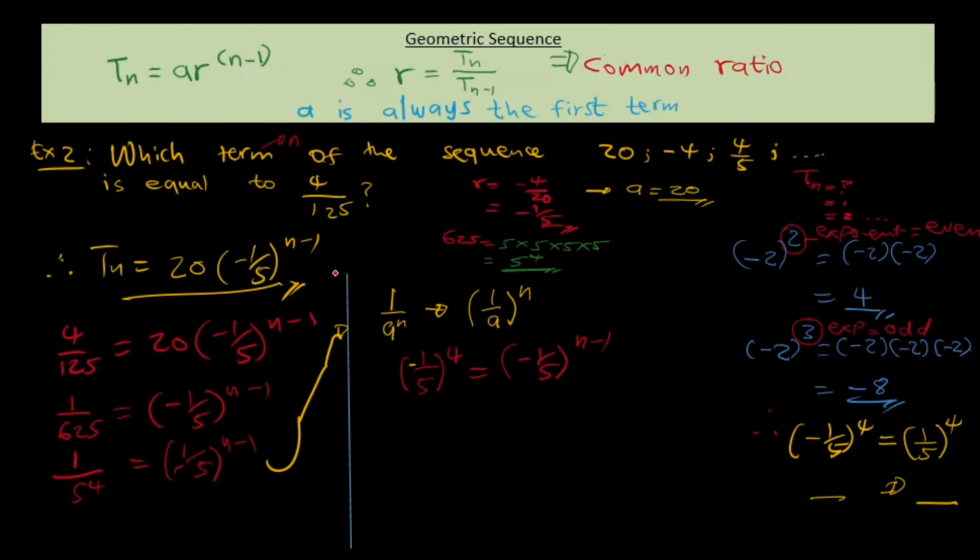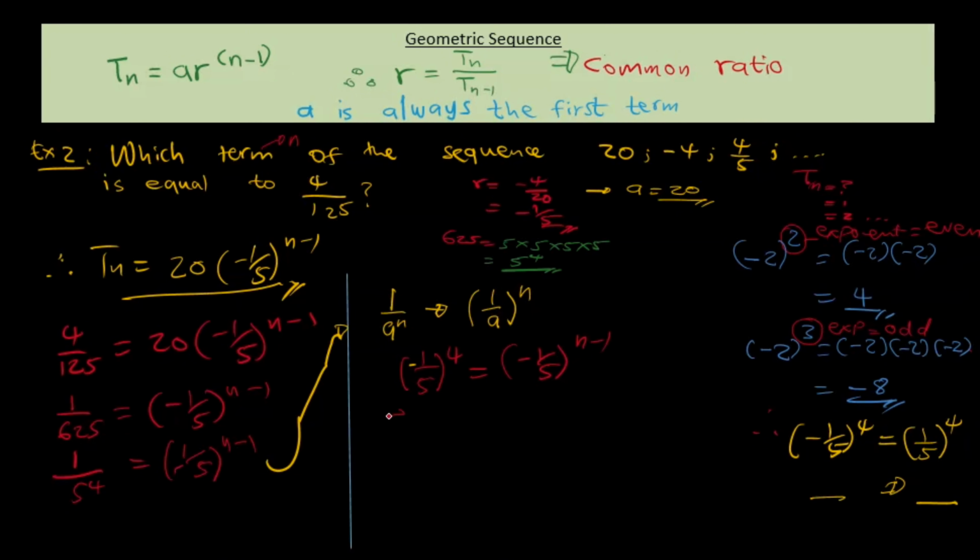Let's continue. So we did rewrite (1/5)^4 as (−1/5)^4 because they are actually the same. Now we achieved the bases to be the same.